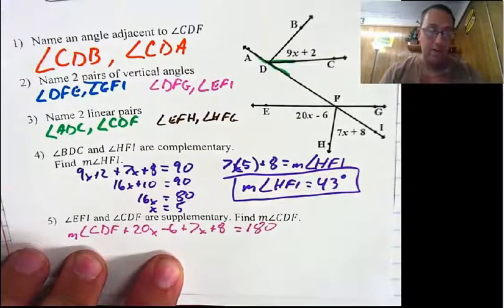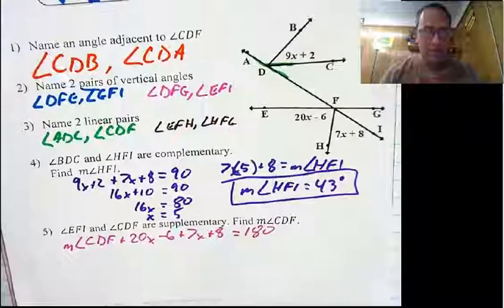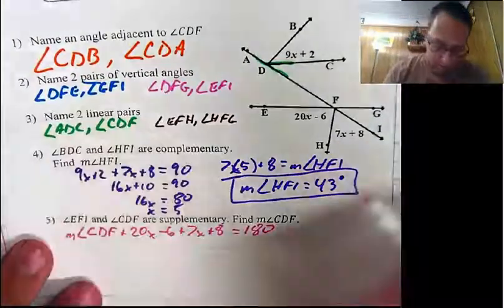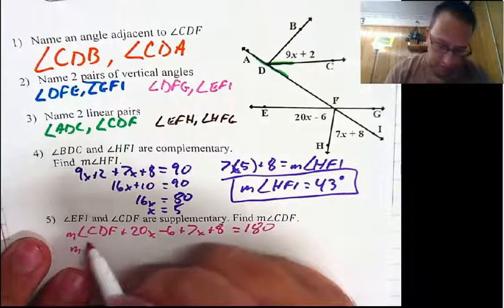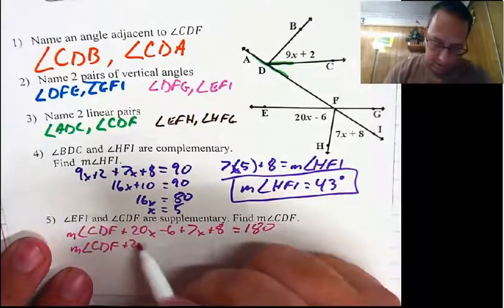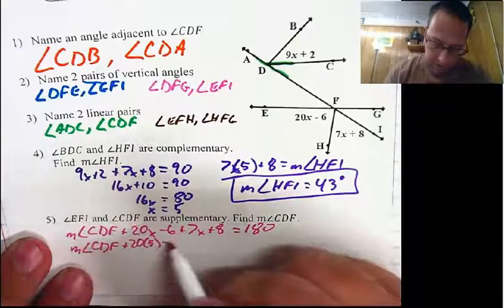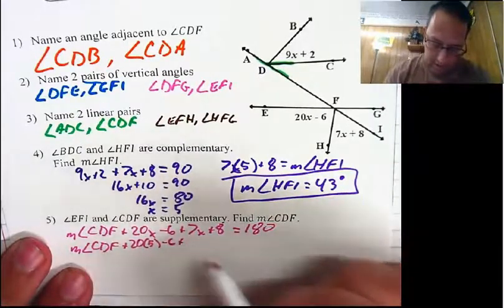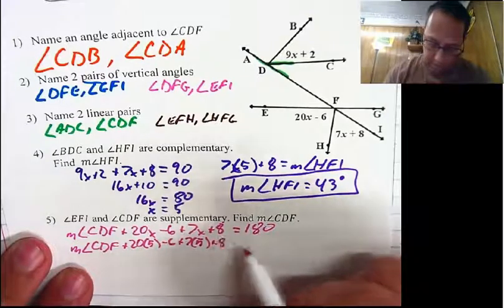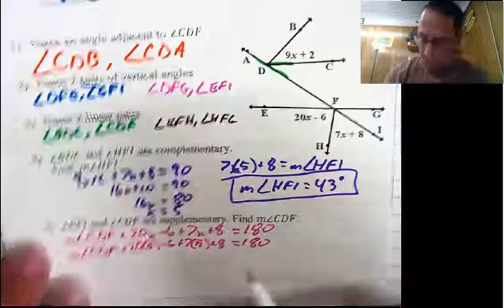Well, that's lovely, but what's x? We already found x, didn't we? X is 5. We found that right here. So I can just plug that in. So the measure of angle CDF plus 20 times 5 minus 6 plus 7 times 5 plus 8 equals 180.